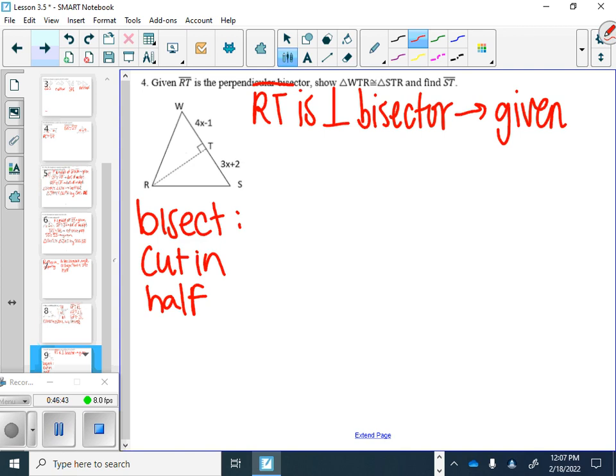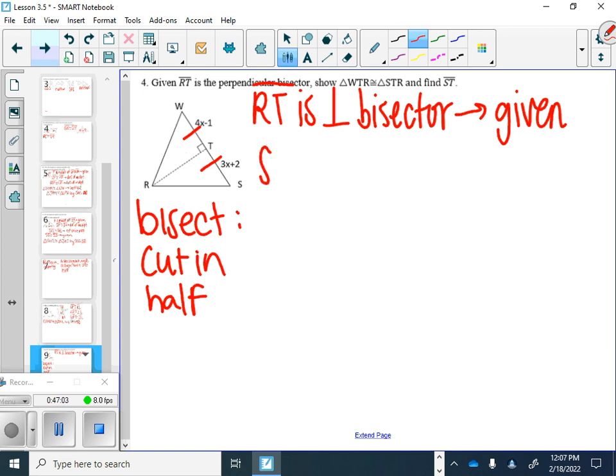Very good, okay? So T is kind of like a midpoint. It's just part of the perpendicular bisector. T is cutting this segment in half, or RT is cutting this segment in half. So because it's getting cut in half, ST and WT have to be congruent, just like a midpoint. Okay?